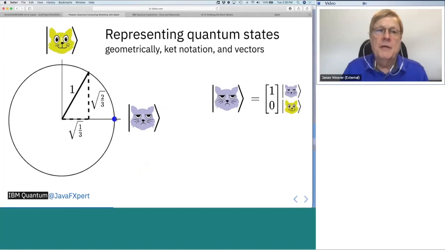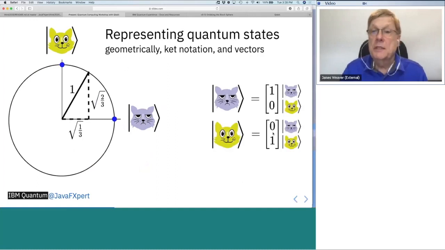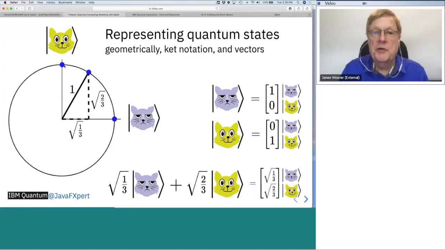Let's say I have a happy cat. I can represent that cat in this 2-dimensional vector space as 0 on the grumpy axis and 1 on the happy axis. Now that's all classical, right? Those are bits. But I can have a superpositional cat. I can have a cat in my quantum world before I've ever observed him.